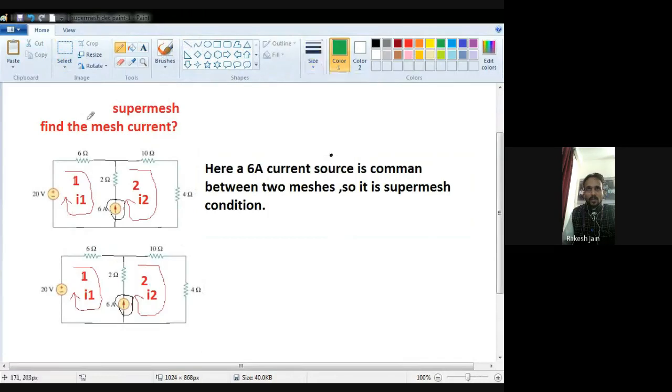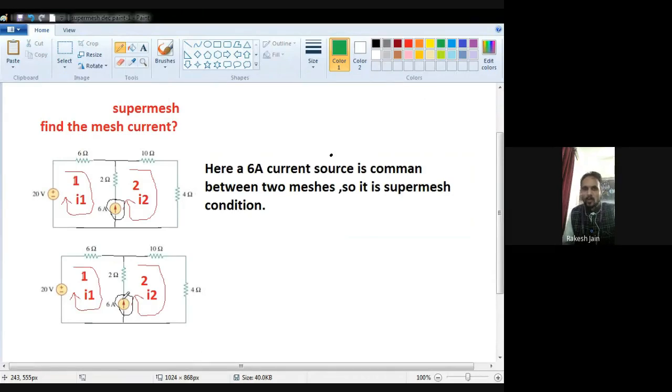So this is the condition of a super mesh. I again repeat, a super mesh is that condition in which in between two meshes there is the presence of a current source. Then that is known as a super mesh problem.